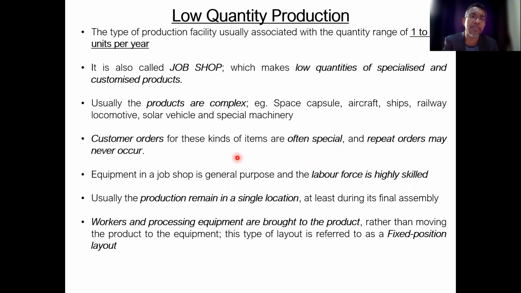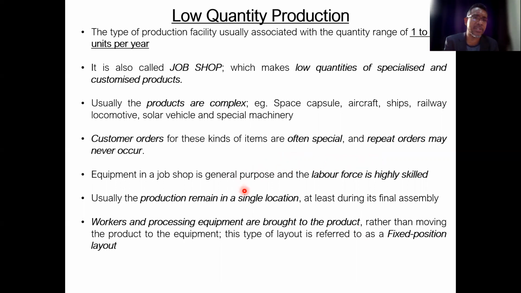So they also refer to these as special orders, handmade orders. And if they want to repeat the order, they have a long cycle, like 5 or 7 years, they might repeat the order, but repeat orders may never occur as well.